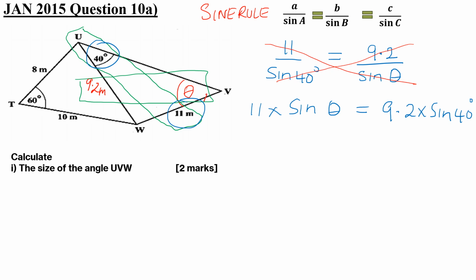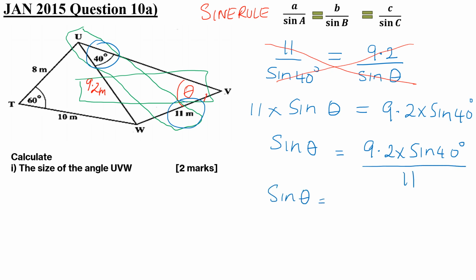Now remember, we want to find sine theta. So sine theta has to be alone on the left hand side. So I'm going to write 9.2 times sine 40 degrees over 11. So you plug that into your calculator. Remember, multiply 9.2 by sine 40, press equal, then divide by 11.